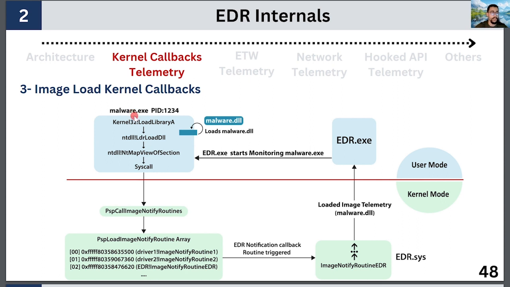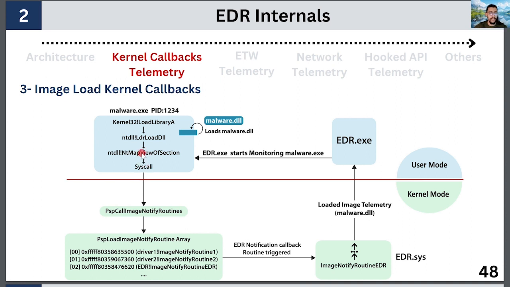Malware.exe calls the Win32 API LoadLibraryA exported by kernel32, which is used to load a DLL into memory. This API then calls the native API LdrLoadDll exported by ntdll.dll, which calls another native API NtMapViewOfSection exported by ntdll.dll that will trigger the syscall instruction.